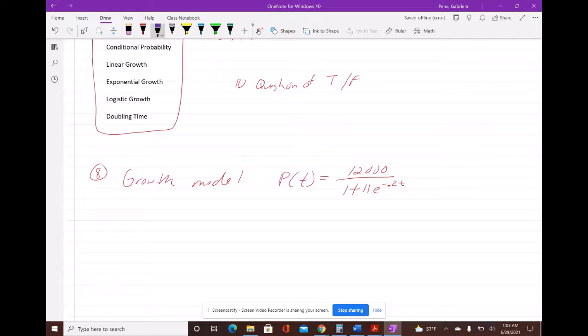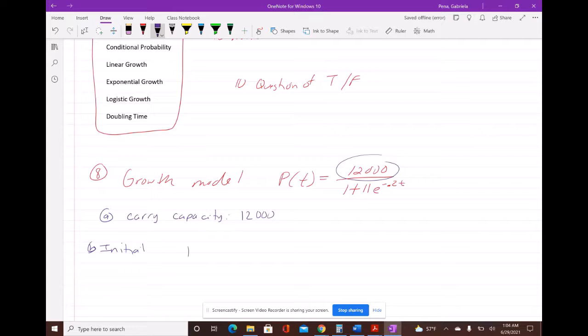And they're going to ask you a couple of questions. First question is, do you know what the carrying capacity is? The carrying capacity is always going to be whatever number is on top. That's what it is.